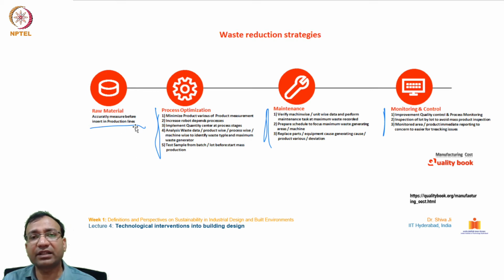So as simple as that, it's not something very difficult to understand. The wastage of the material can be minimized right there when we are giving the input of that material into the manufacturing process.